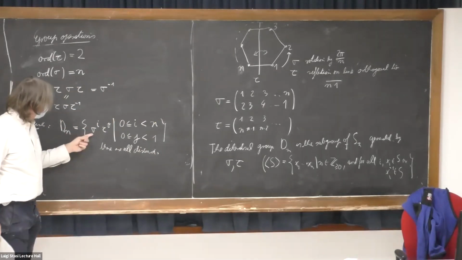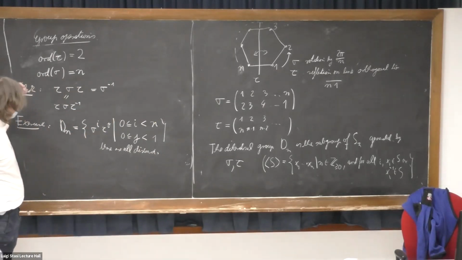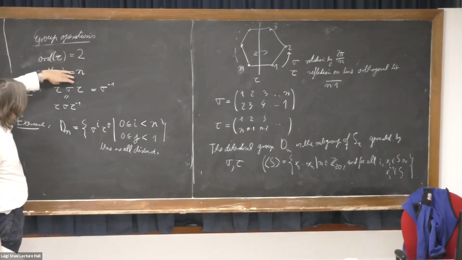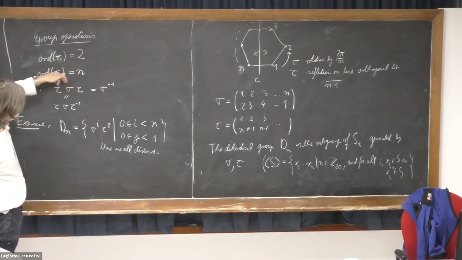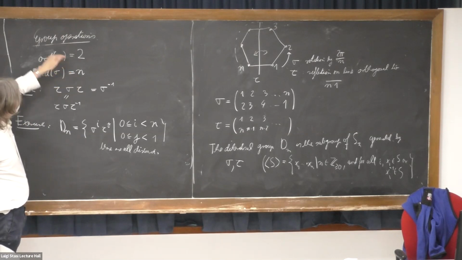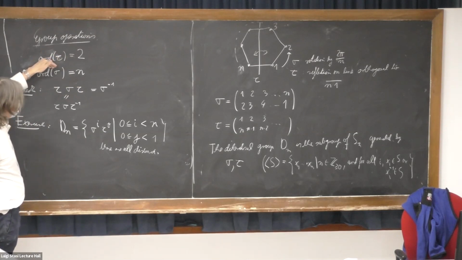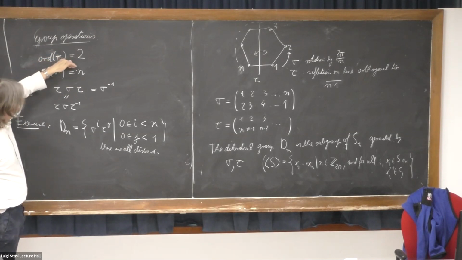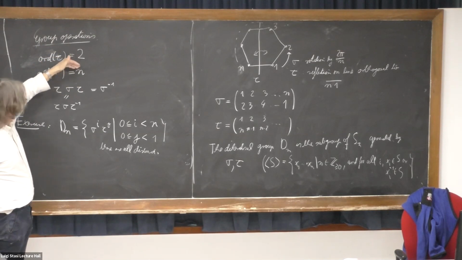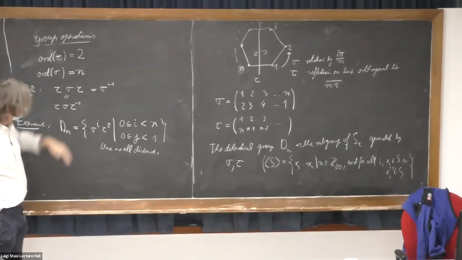And that this is the case, you can easily see, because by this relation, if you have some powers of tau on both sides of sigma, you can bring them all on one side. Then this relation means that the power of tau can be made at most 1, and the power of sigma can be made at most n minus 1, because if I apply it n times, I get 1.